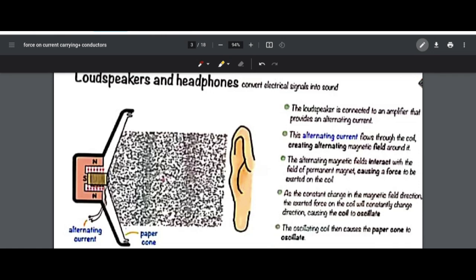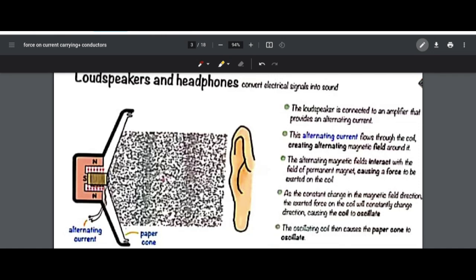Okay, the loudspeakers and the headphones convert electrical signals into sound. So when we have any sound equipment, loudspeaker, headphones, earbuds, or anything, they convert electric signals into the form of sound. How do they do this? This is an application of a current carrying wire in a magnetic field.